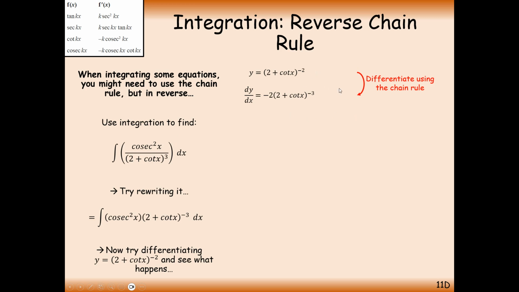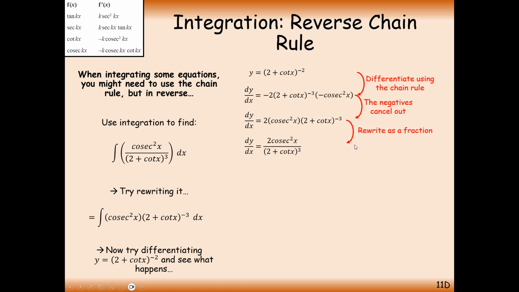And then we would have multiplied by the derivative of cot itself, which is negative cosec squared. Now minus and a minus cancel away, and finally we end up with such an expression which can be neatly put down in the denominator as 2 plus cot x raised to the power of 3.